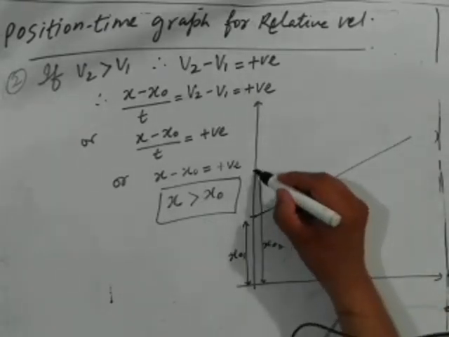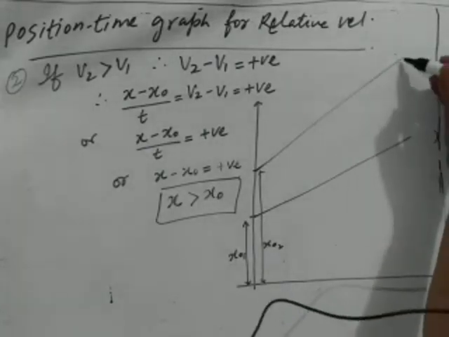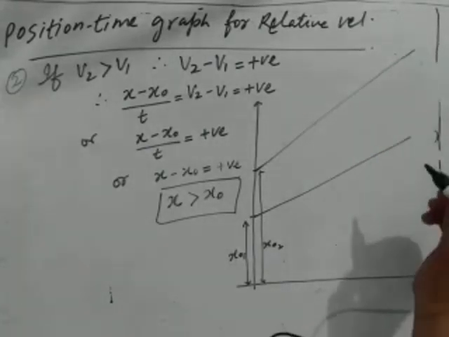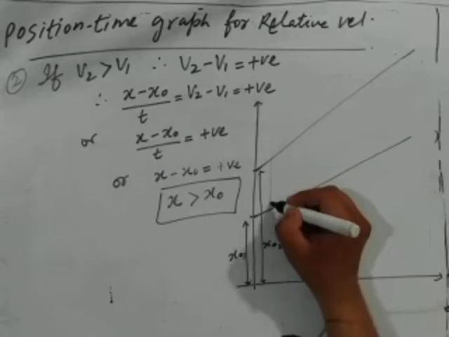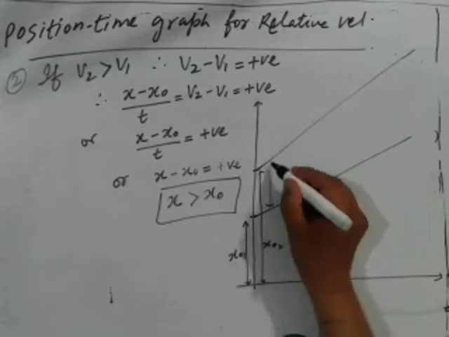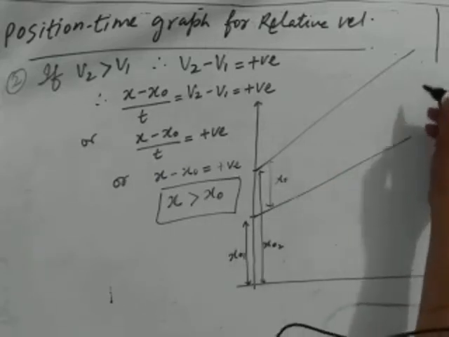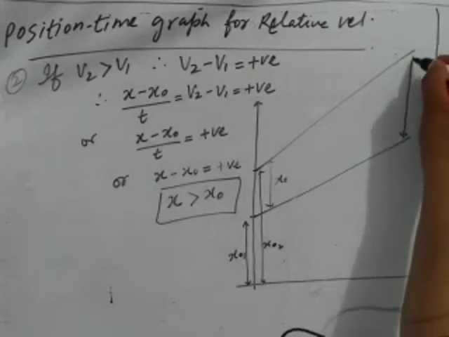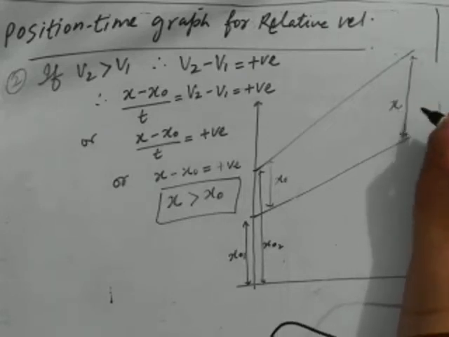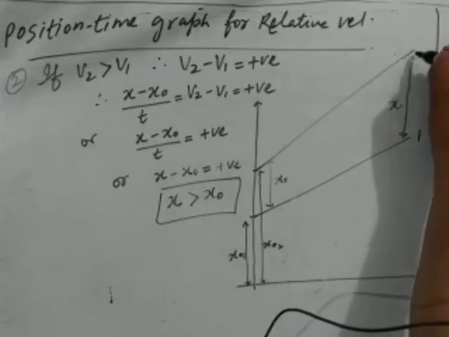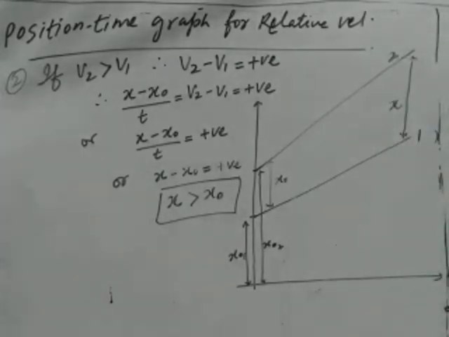This object also moves with a uniform velocity, but it covers more distance. So this gap is represented by x naught, and this gap is represented by x. That is for the first object, and that is for the second object.